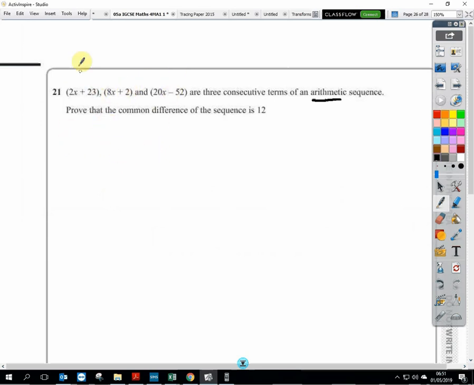What do I add on to get from the first term to the second term? Well, I can tell by looking at this that to get from 2x to 8x, it's add 6x. To get from 23 to 2, you take away 21. So that's what I do to get from the first term to the second term. Now, I just did this by looking at it.